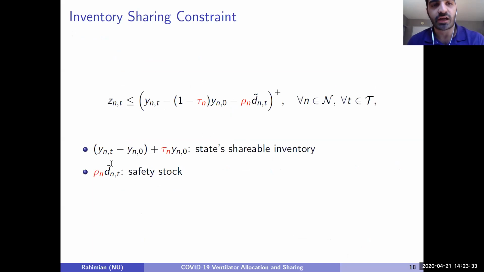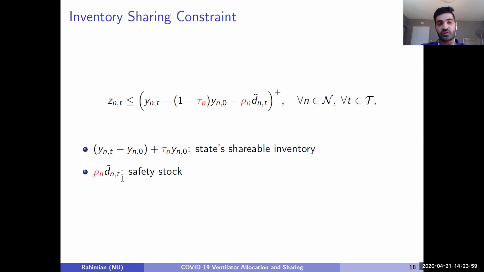So basically this variable, if you remember, Z is the number of ventilators that are going to be shared with other states by giving away to FEMA. So what this constraint is saying is that the states are going to share their inventory if the amount of inventory at the state level is higher than the safety stock, which is captured by this rho parameter.